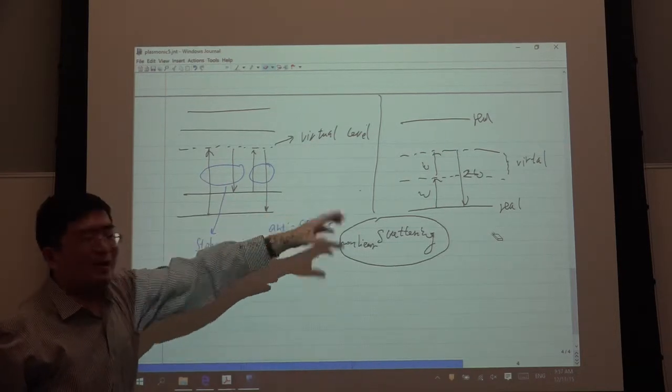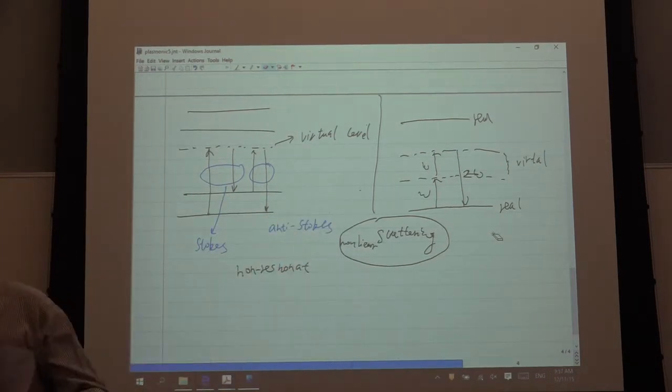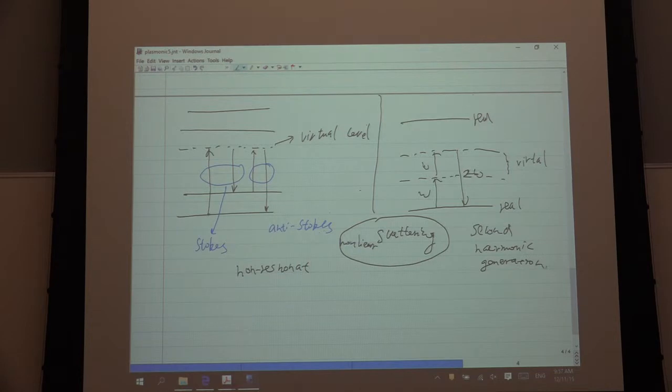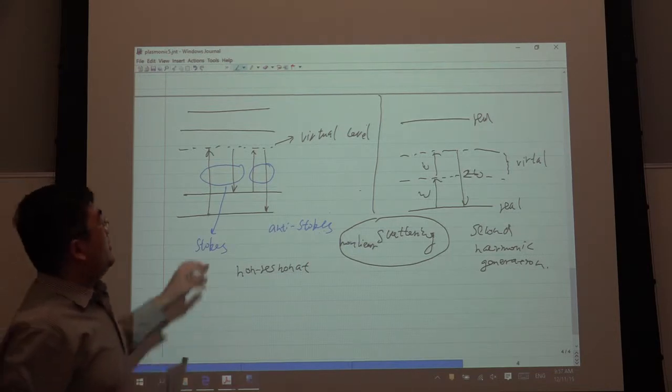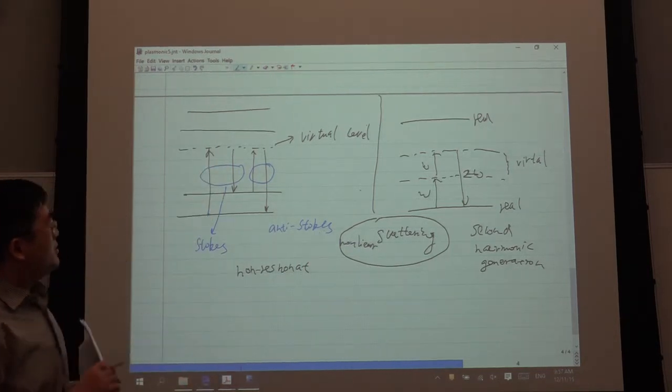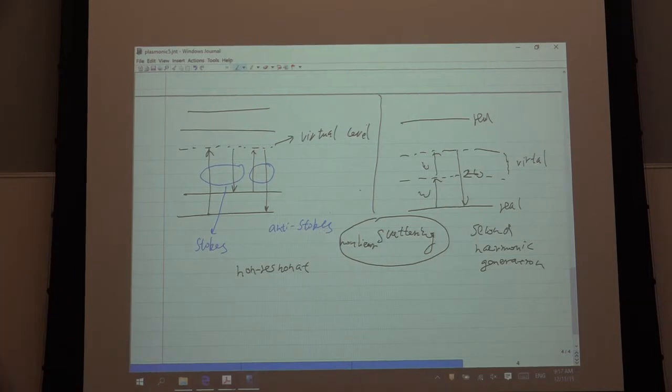Here is omega, 2 omega. This is second harmonic generation. It just jumps to a virtual level, not a real level. It's non-resonance, so the enhancement is very weak.